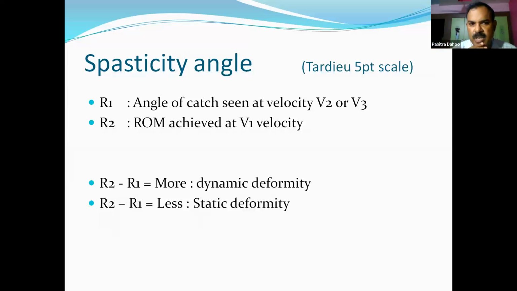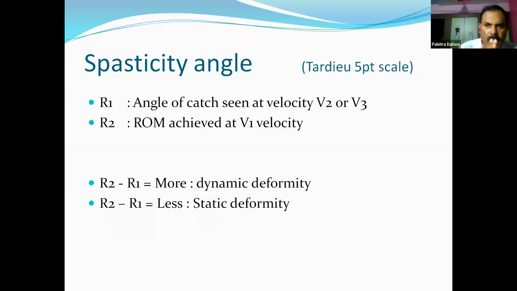So you first stretch the deformity at the speed of either gravity or voluntary. The first catch you get is R1. Then you gradually stress it forcefully. One point will come when the deformity is not corrected further. That is the R2 stage. That comes to the static deformity.